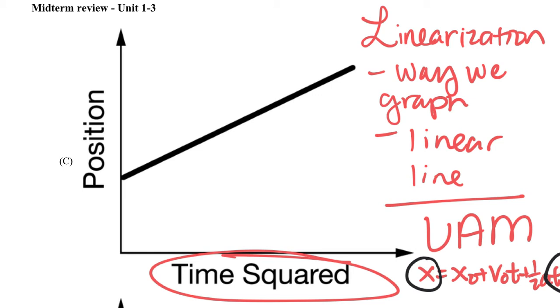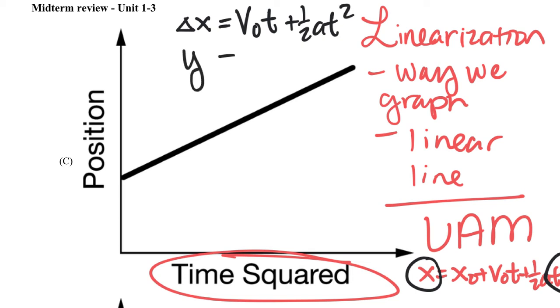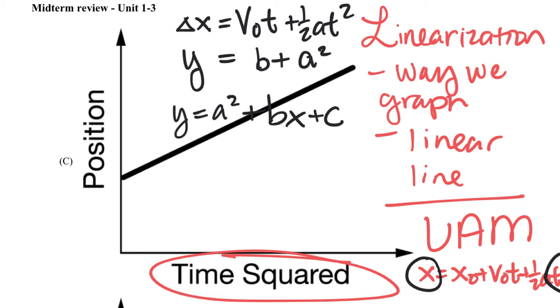So let's modify this little equation so that it can look more graph friendly. So we can say the change in position is going to be equal to v naught t plus 1/2 of a t squared. Didn't really do much there, but it's going to be just like y equals ax squared plus bx plus c.